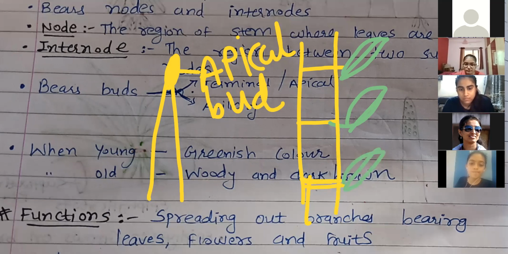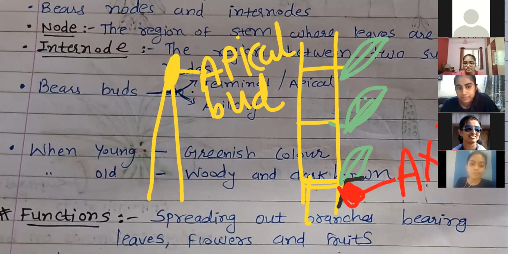Here the leaf is there, right? So at this angular position, a mass of cells is formed, and that is at the axil position. So we call it the axillary bud.